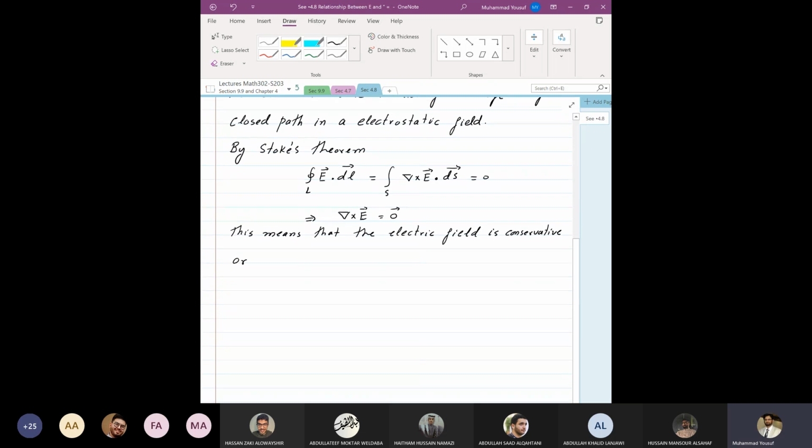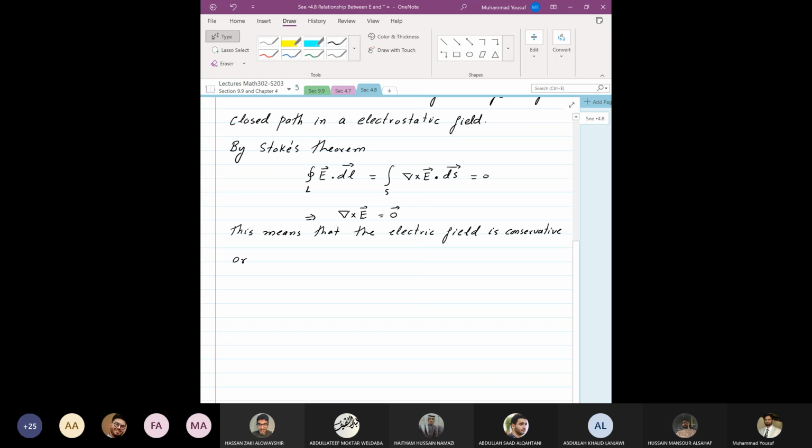What is some other name we can use for conservative when del cross E is 0? Irrotational. There is no curl. There is no tendency of rotation.